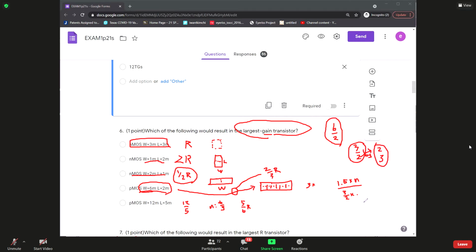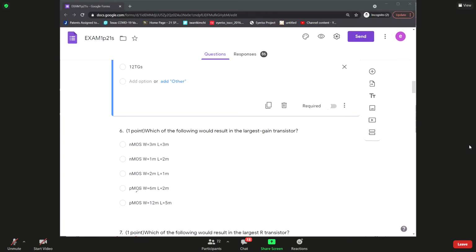If there's a comparison problem like this, this is what I do. Let me clean it all up. I don't want to compare PMOS and NMOS because it's all confusing. I'm just going to put N here, but when I do that, I reduce the width by half for everybody.